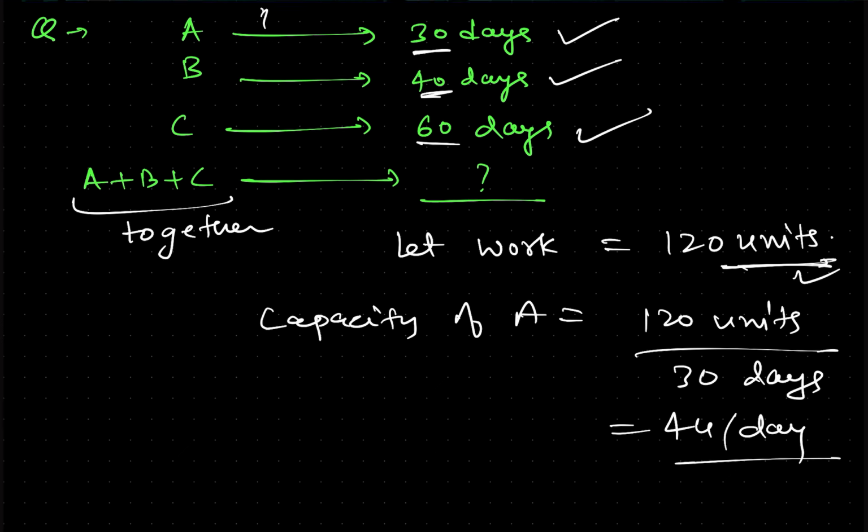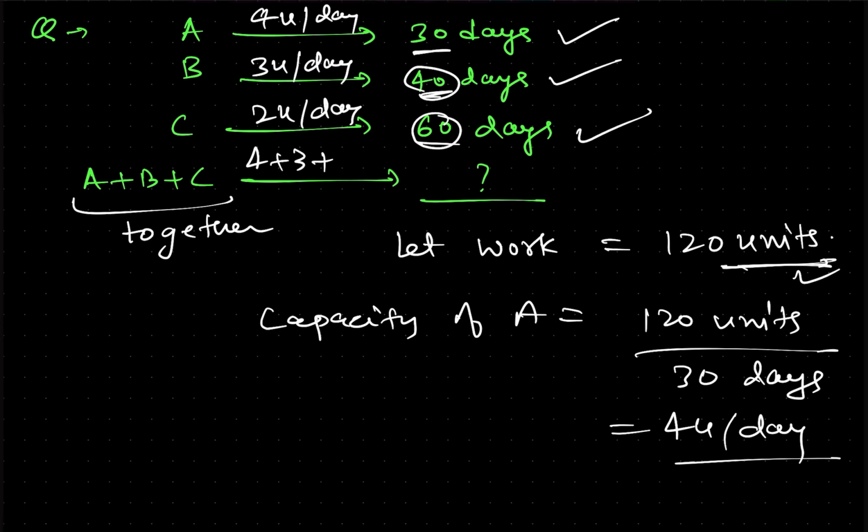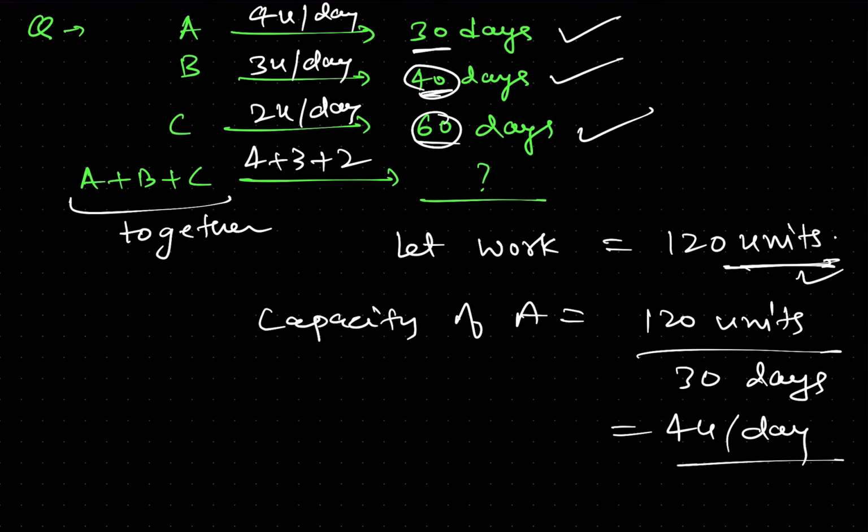Similarly, B takes 40 days, so 120 divided by 40 gives 3 units per day. For C, we divide 120 by 60, so we get 2 units per day. If they work together, we add 4, 3 and 2: 4 plus 3 is 7, plus 2 is 9. So 9 units per day.